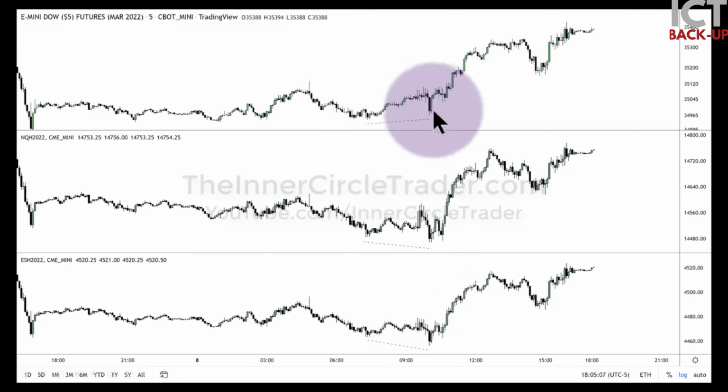When you see that right there, and here's an important thing, you anticipated it already. You're not looking for this. Some of my students, when they come into my mentorship, see this pattern and think, oh, it's diverging, so that means it's going to go the other direction. No. This is something that confirms an idea that you had already established before price does what it's doing in real time. What does that mean?